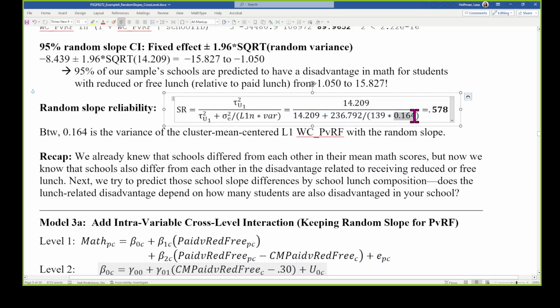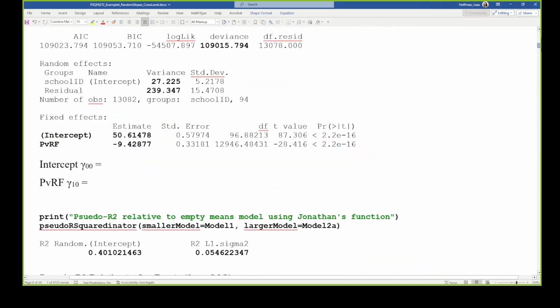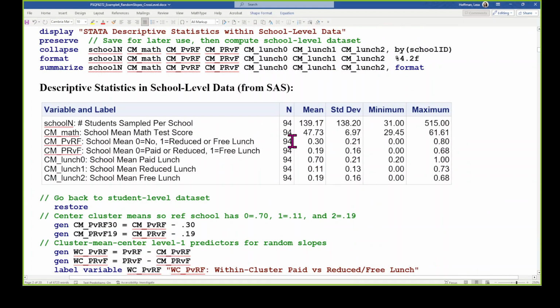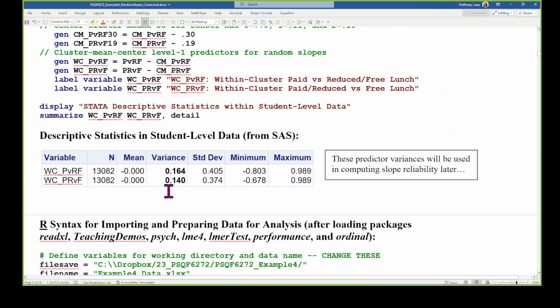That number right here that goes into the formula is the variance of the predictor that the random slope is for. So the top of this code, I edited pages 2 and 3 so that I got the variance of those two within cluster predictors that will go into the formula for slope reliability, and that is where they come from. Thank you. You're welcome.